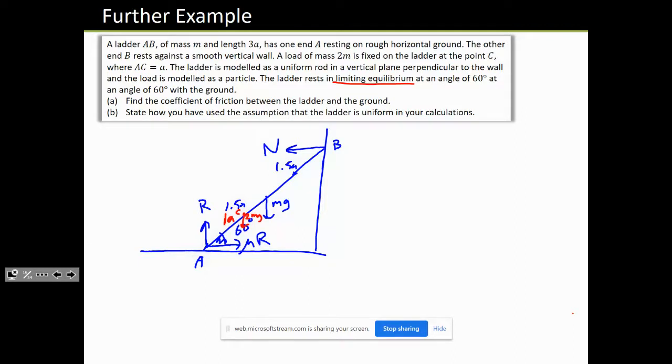So first things first, I'm going to think about resolving forces horizontally or vertically. It really doesn't matter. But if I think about horizontally, the only forces I have in this direction are mu R and minus M. That's going to equal 0. So mu R equals my normal reaction force.